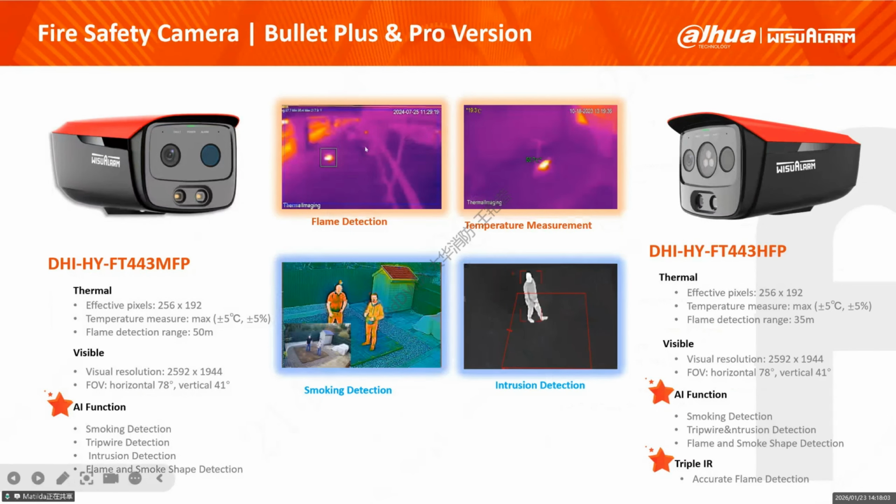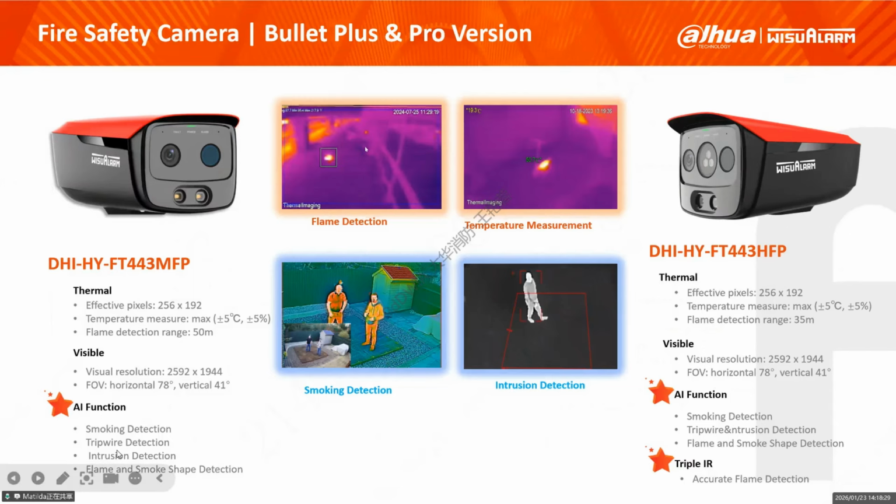Finally, it's about the Bullet Plus and the Pro version. For the Plus one, besides the basic thermal function, it also supports more AI functions like smoking detection. This detection uses video analysis to detect the smoking posture.